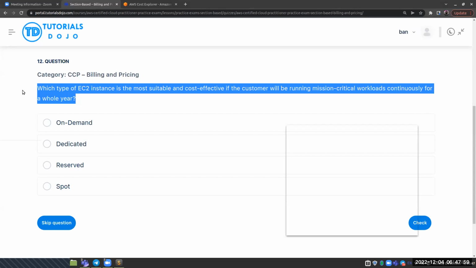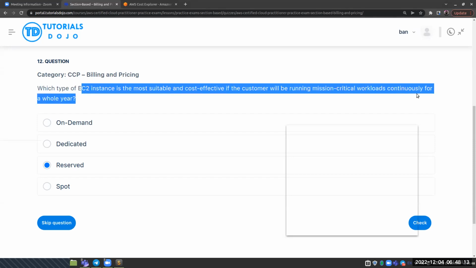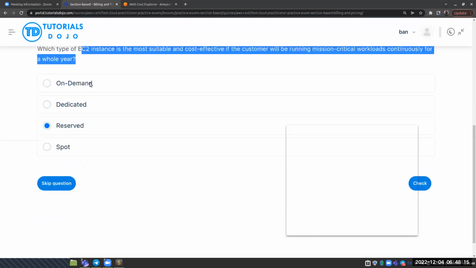I think it's C, reserved. Okay, thank you. It says C. Why? I think everyone gets this, right? When you are running mission critical workloads for a whole year, why will you not use spot instances? This is for everyone.